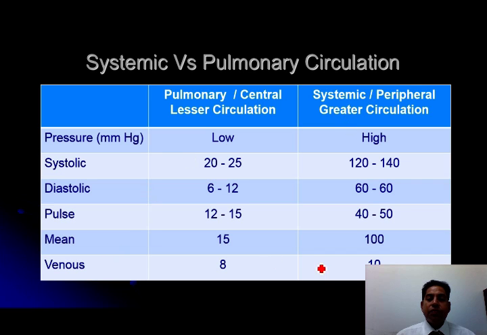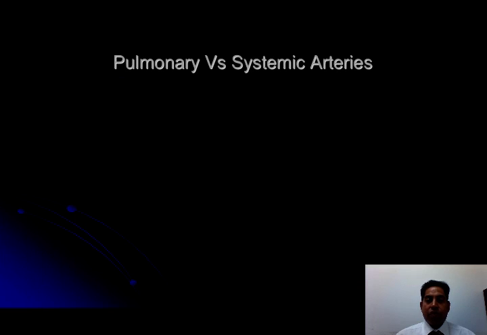Likewise, the mean pressures, we already discussed this, are a lot lower, 15 millimeters in the pulmonary circulation, 100 millimeters in the systemic circulation. The venous pressures are more or less similar, with 8 millimeters of pressure in the pulmonary veins, whereas in the systemic veins the pressure is close to 10 millimeters of pressure.